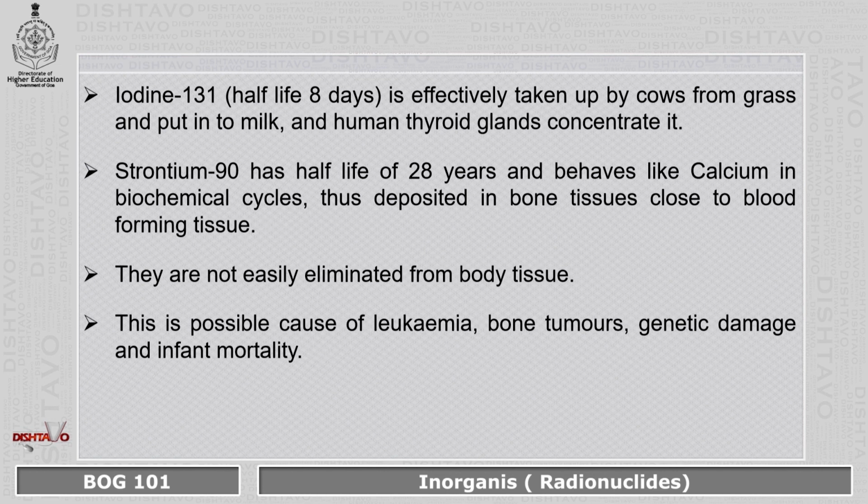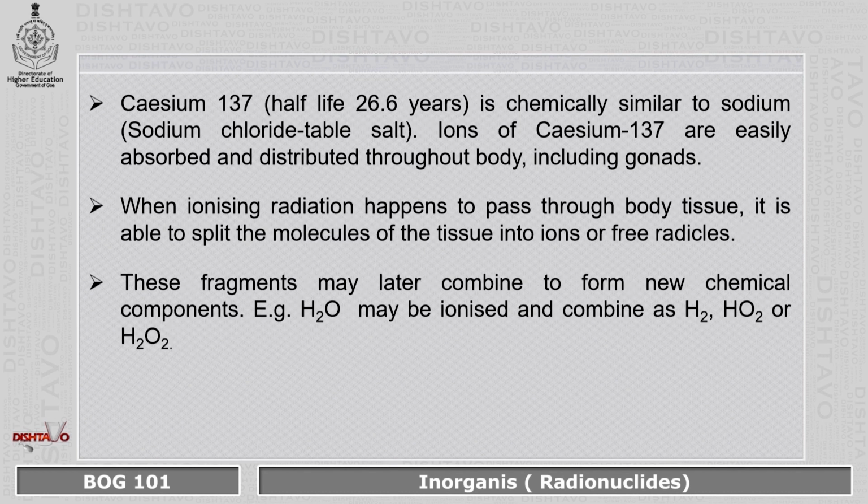Thus, it is deposited in bone tissue close to blood forming tissue, so it is a major cause of leukemia. They are not easily eliminated from body tissue. They are bioaccumulated in permanent body tissues. This is possible cause of leukemia, bone tumors, genetic damage, and infant mortality.